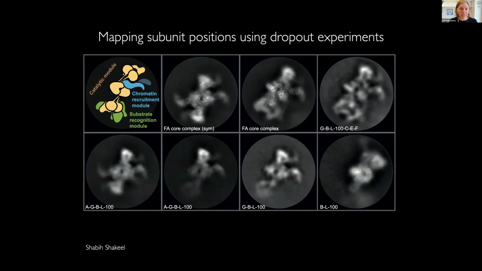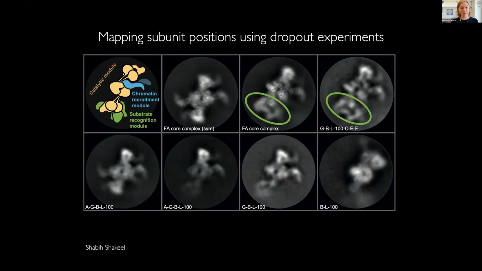So first, if we removed FANC-A, the largest subunit in the complex, nothing really changed in the class averages. So this really suggested that FANC-A is either conformationally heterogeneous and blurred out in the maps, or that it denatures and dissociates during cryo-EM specimen preparation.